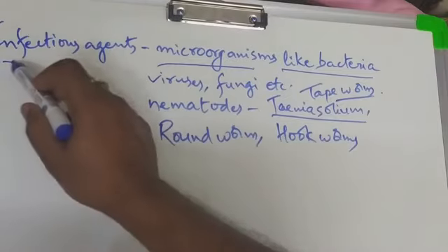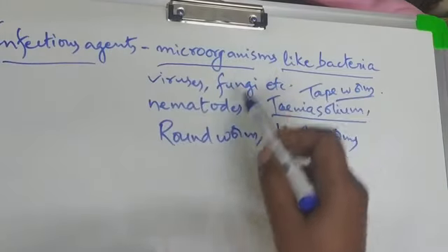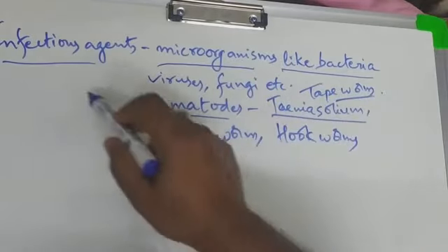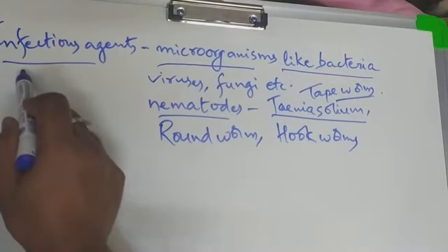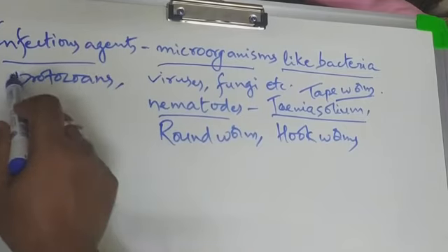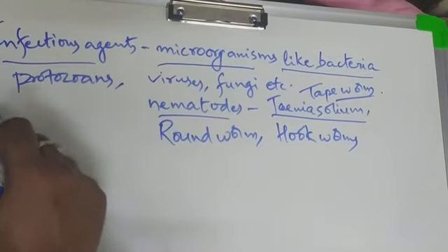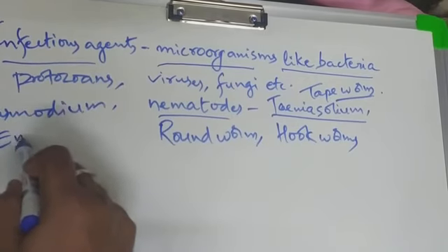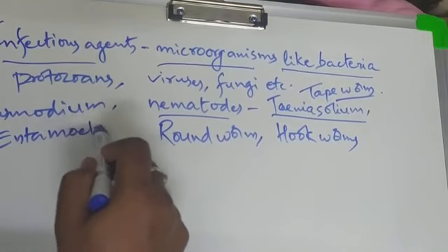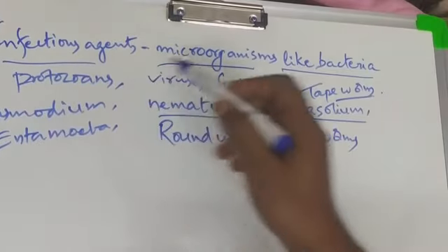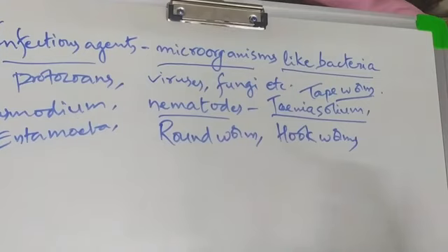Among infectious agents, the most notable ones are microorganisms, bacteria, viruses, fungi, and even protozoans, which means Plasmodium, Entamoeba, etc. These are infectious agents acting as the immediate causes of the diseases.